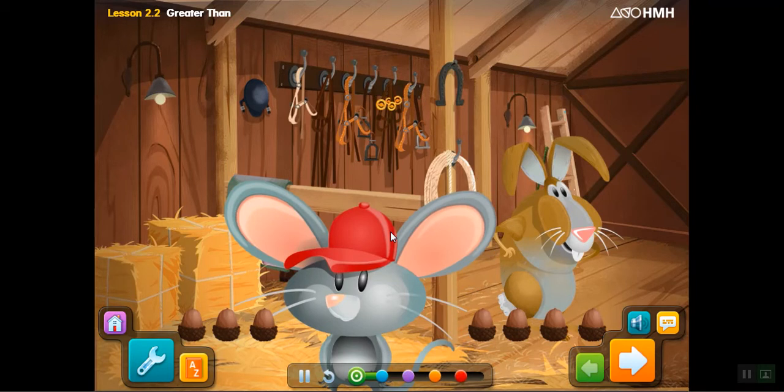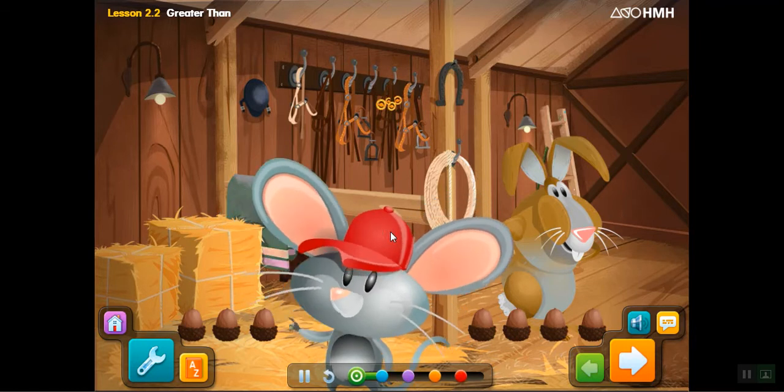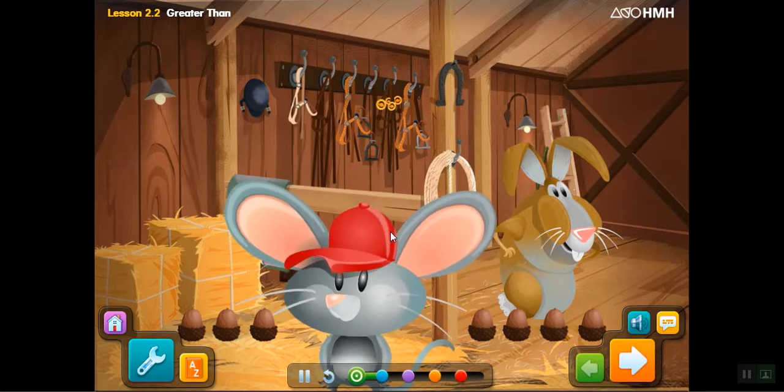Hi there! Look what I found! Someone has been storing some acorns. How many acorns do you see? 1, 2, 3. Yep, that's right. There are 3 acorns here.